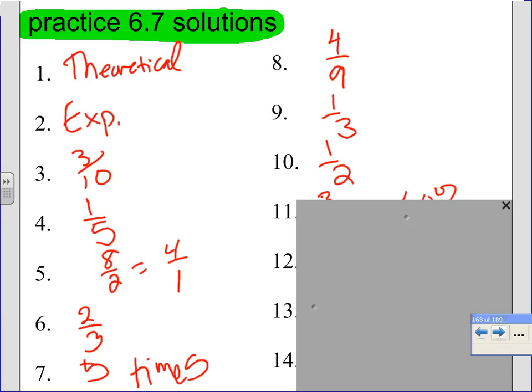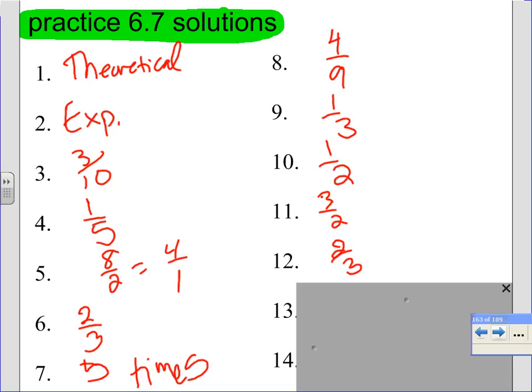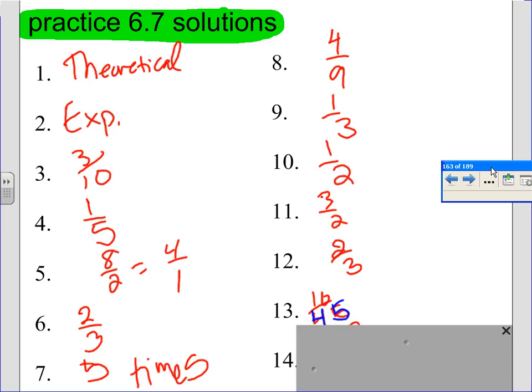Good, which reduced that. Okay. Good. 3 over 2. I don't know what that is. Number 12, Mary. Good. 2/3. Number 13, Adam. Good. 16 over 45. Emma M, number 14. Good. 37 over 53. Okay.